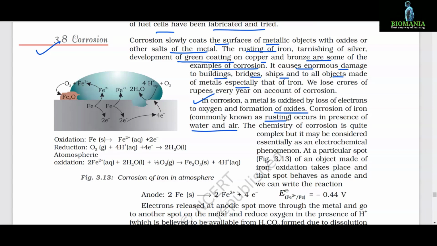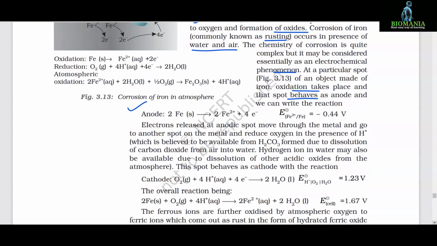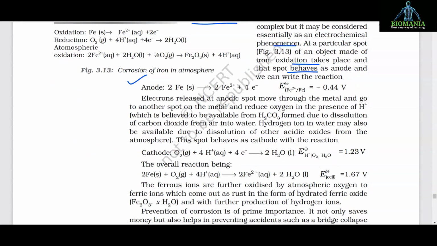The chemistry of corrosion is quite complex, but it may be considered essentially as an electrochemical phenomenon. At a particular spot of an object made of iron, oxidation takes place and that spot behaves as anode, and we can write the reaction. Anode: 2Fe gives out 2Fe2 positive plus 4 electron. Here the value of E is minus 0.44 volt.